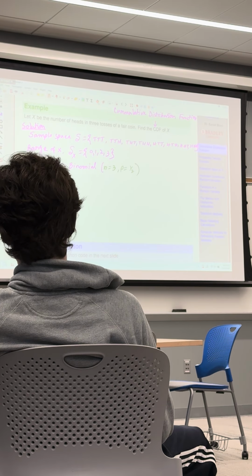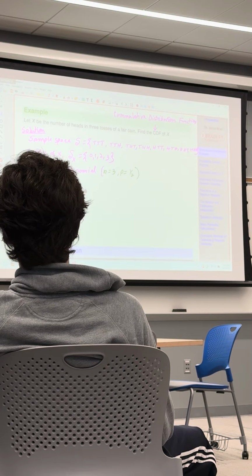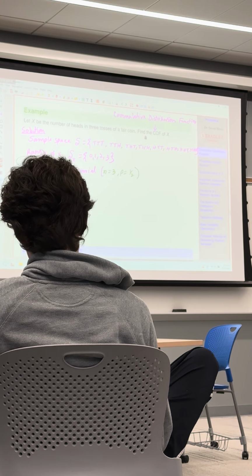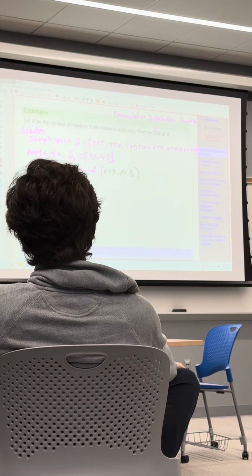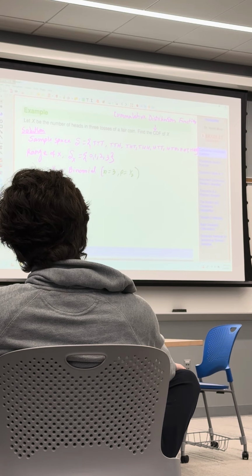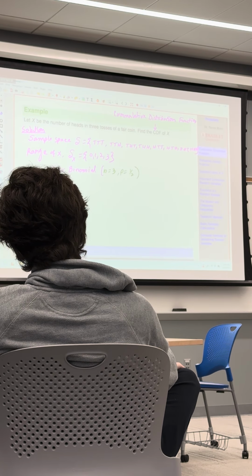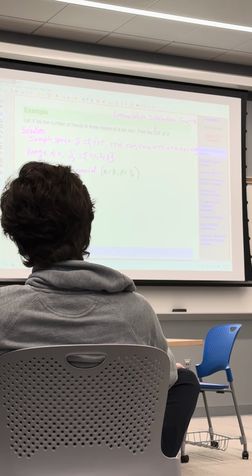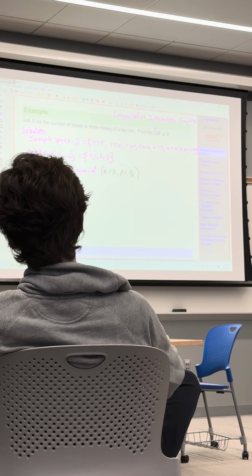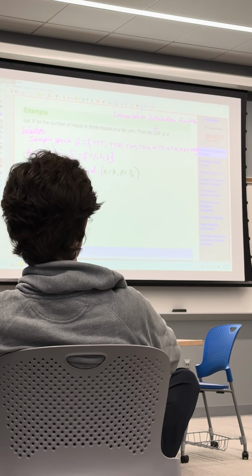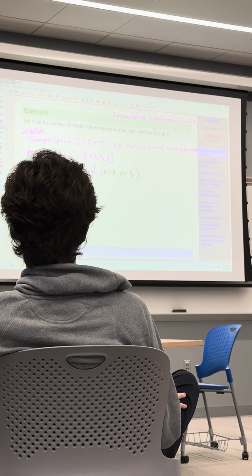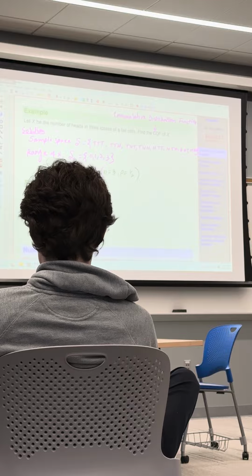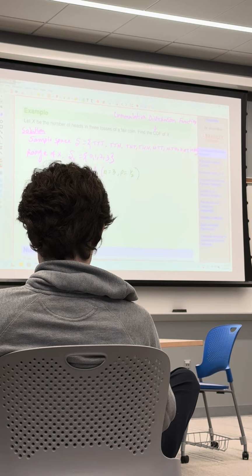Now, to find the CDF, because it's a discrete random variable, you first find the PMF.